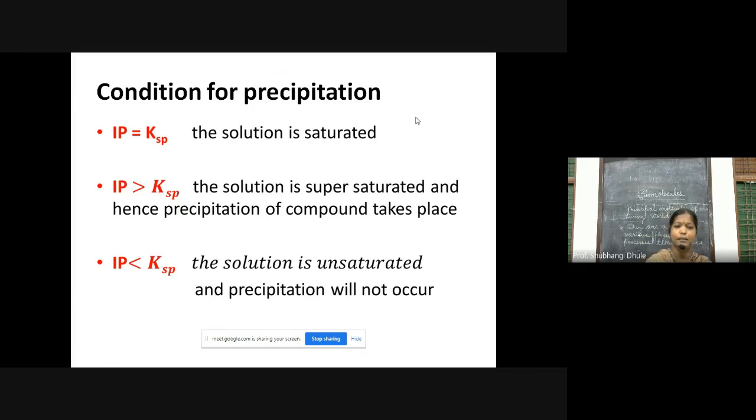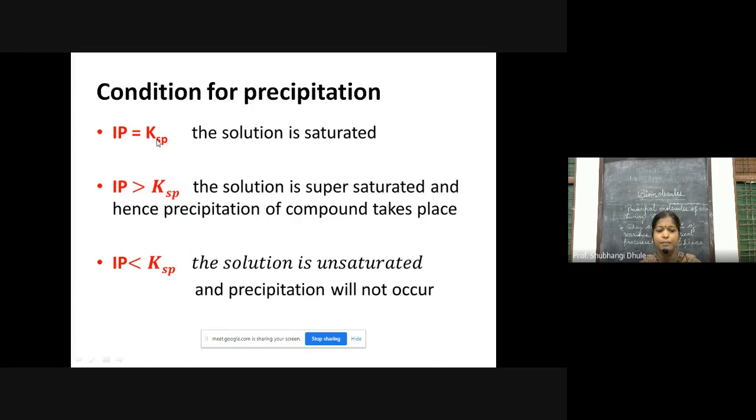So what is the difference between the ionic product and the Ksp? The ionic product is the product of the ions, that is cations and anions, for the given sparingly soluble salt or any salt at any condition. So if you take the product of their concentrations, it becomes the ionic product.